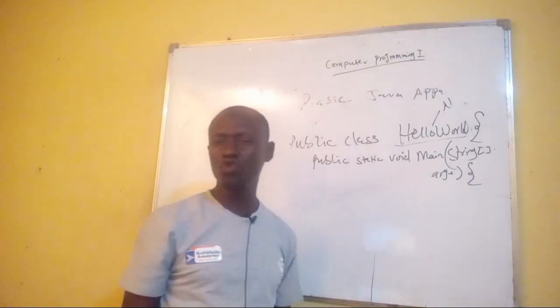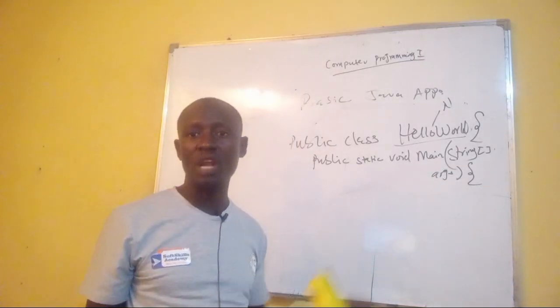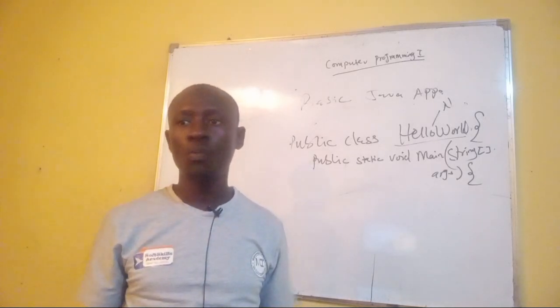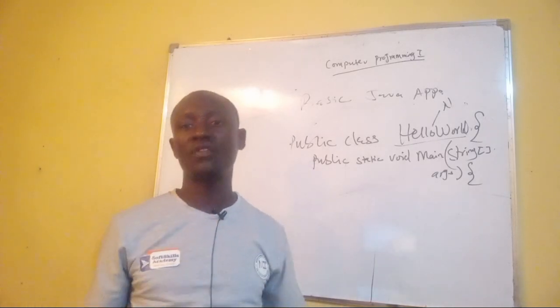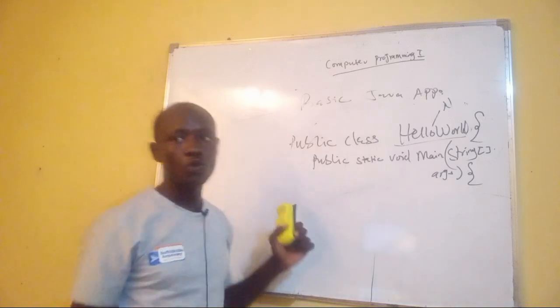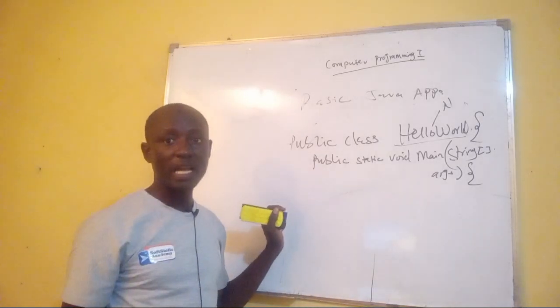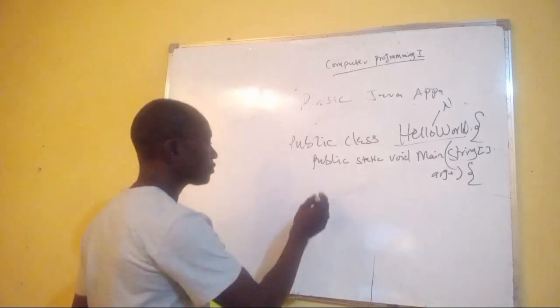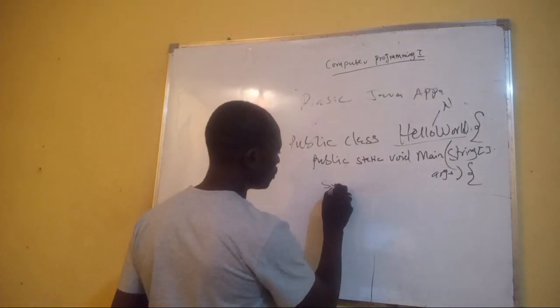So the next thing you're going to do, remember, all we want to do in this very program is just to display or to greet the user. Hello program, or you're welcome to the first Java program. So now we are going to use a function called system.out.print.